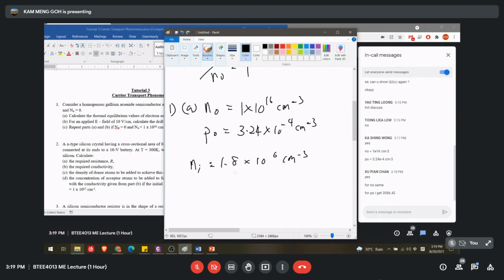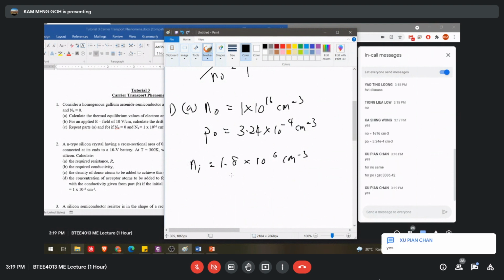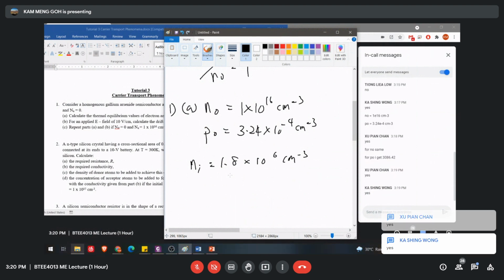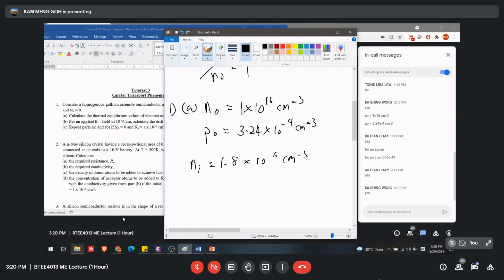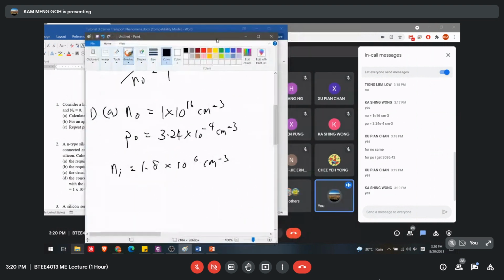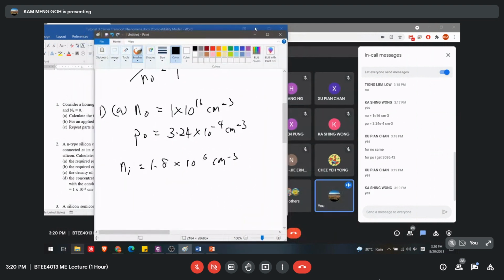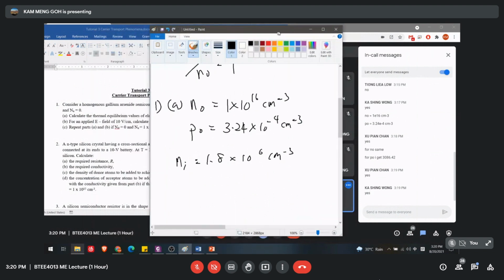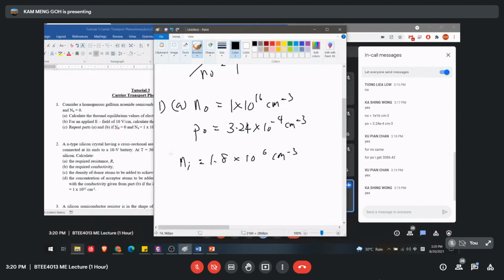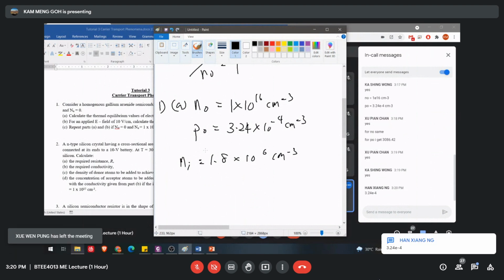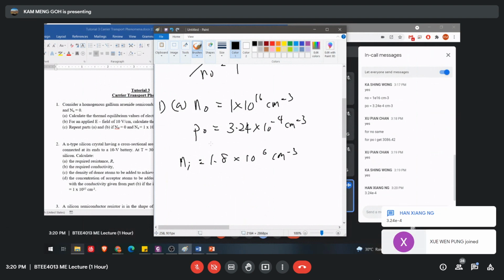Tan Xuping, are you using this for Ni? But both of you get a different answer. So let's calculate it. What about the third person, Ng Han Xiang? What do you get for P0? 3.24 times 10 to the power -4.